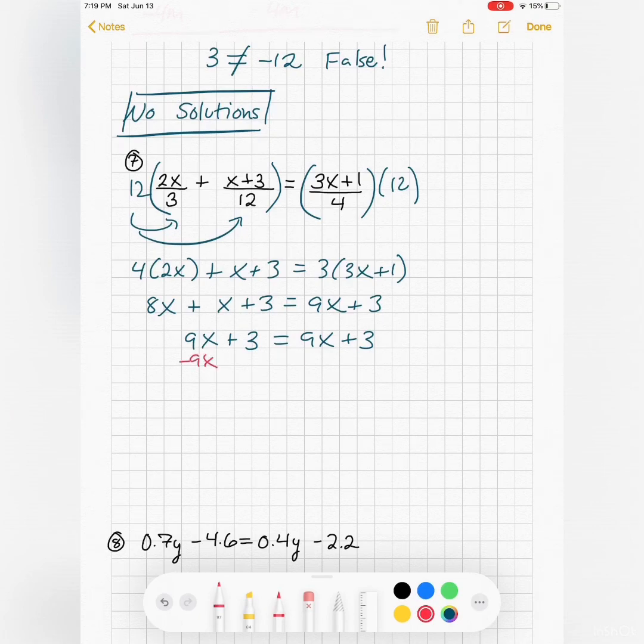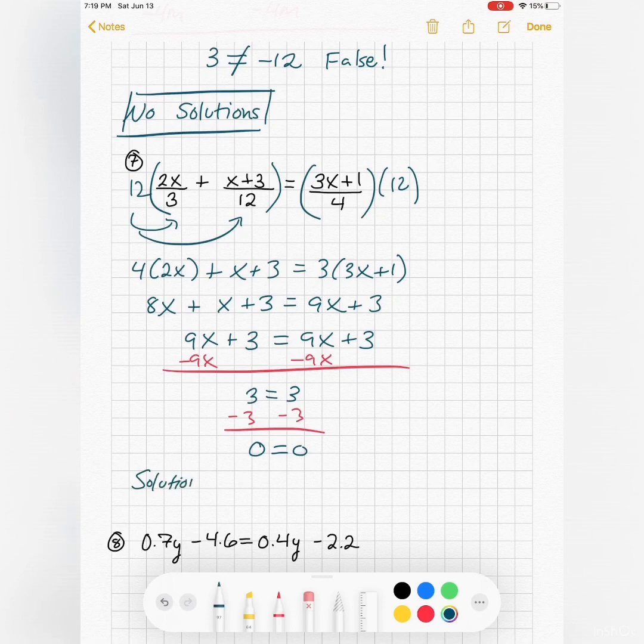If I were to continue, 3 is always equal to 3. In fact, 0 is always equal to 0.